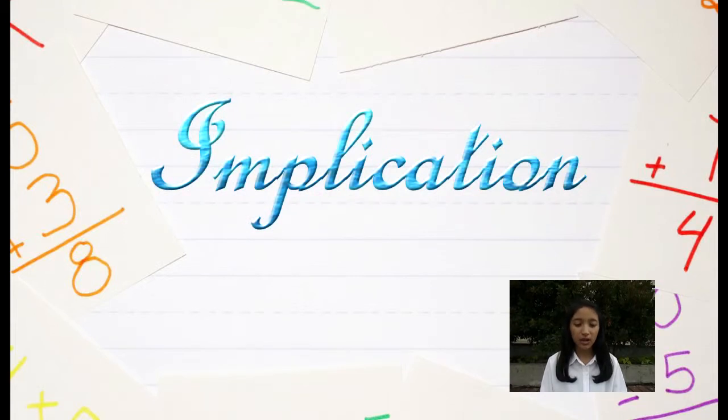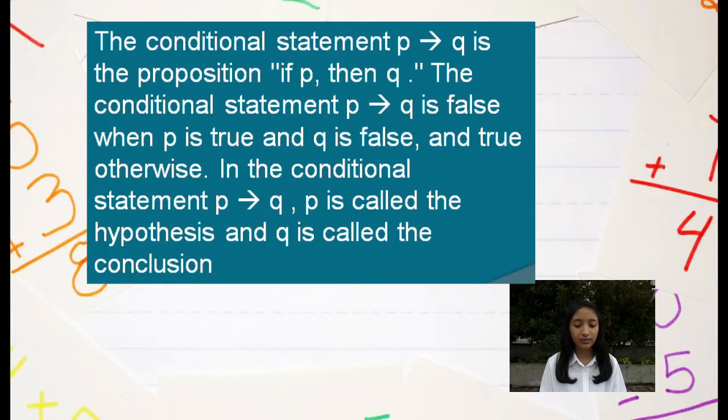Implication. The conditional statement P implies Q is the proposition if P then Q. The conditional statement P implies Q is false when P is true and Q is false, and true otherwise.